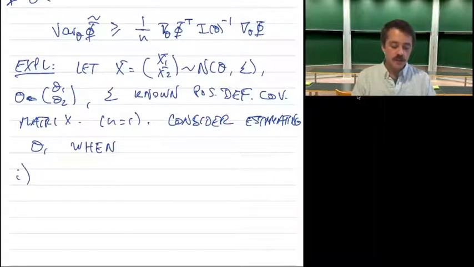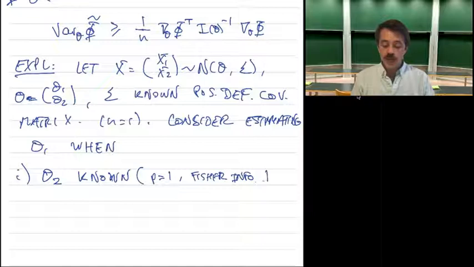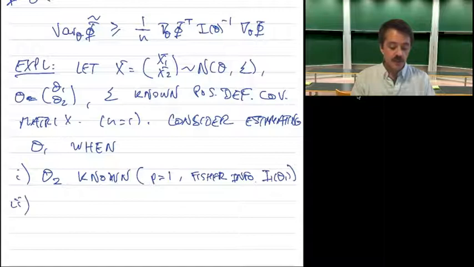The first case is when theta 2 is known, in which case the dimension of the parameter space is just 1, and we can call the Fisher information, in this case not a matrix but a scalar, I_1(theta 1). And then also try to work out this for theta 2 unknown.